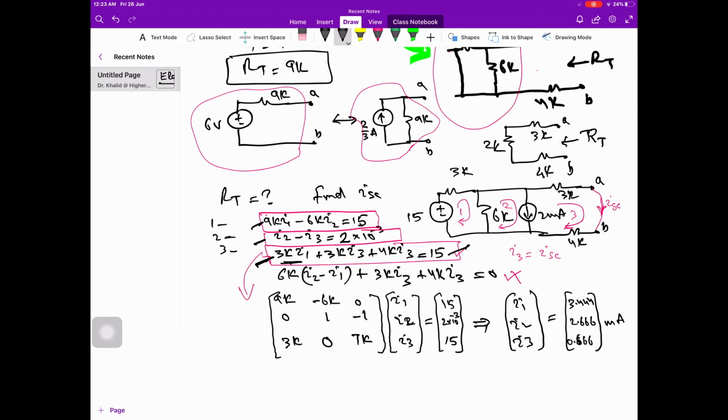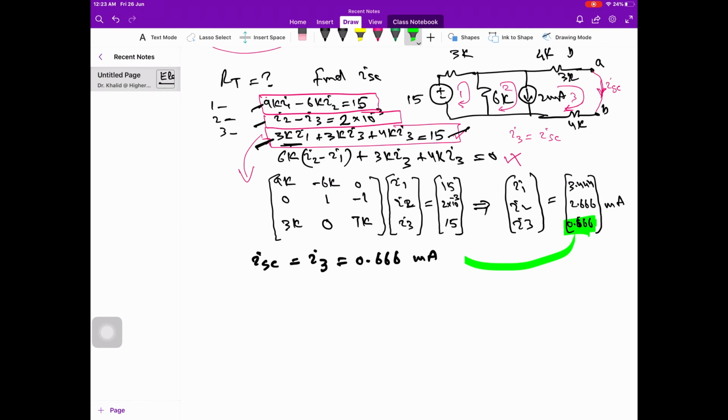What is I short circuit? I short circuit is I3, which is equal to 0.666 milliampere. It is over here. This is I3, this is I short circuit.